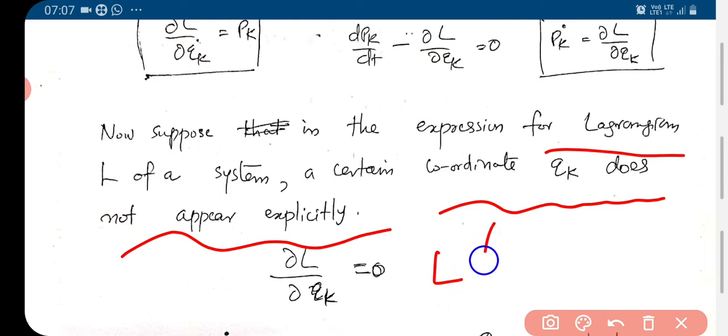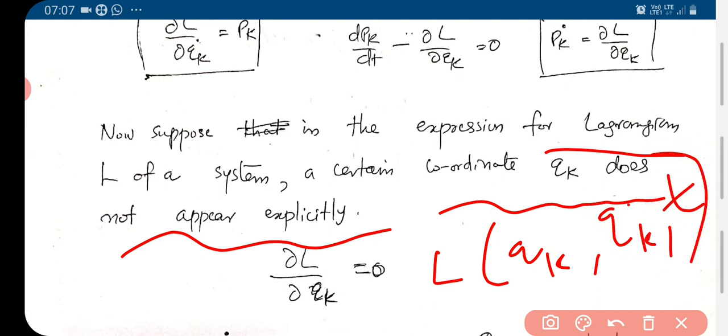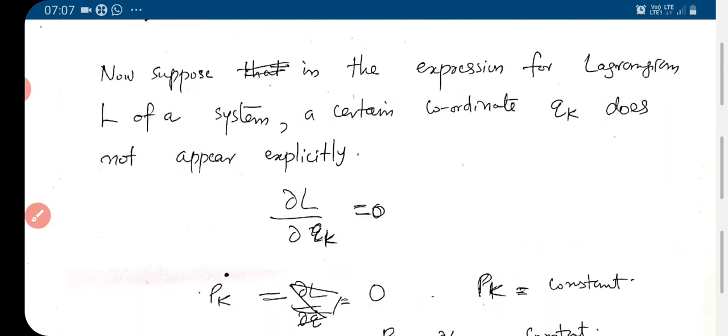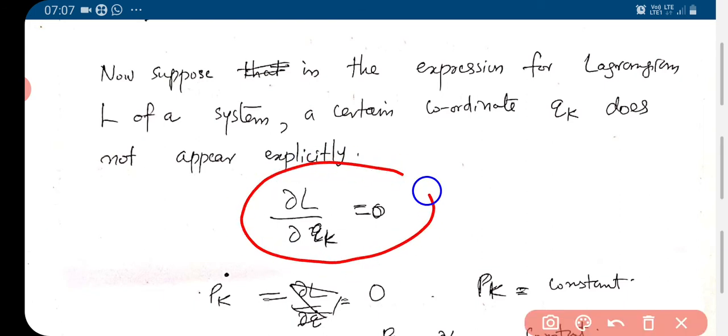We know the Lagrangian is a function of qk, q̇k and time. Suppose the coordinate qk does not appear explicitly. Then ∂L/∂qk is equal to 0, because the Lagrangian does not contain that coordinate.